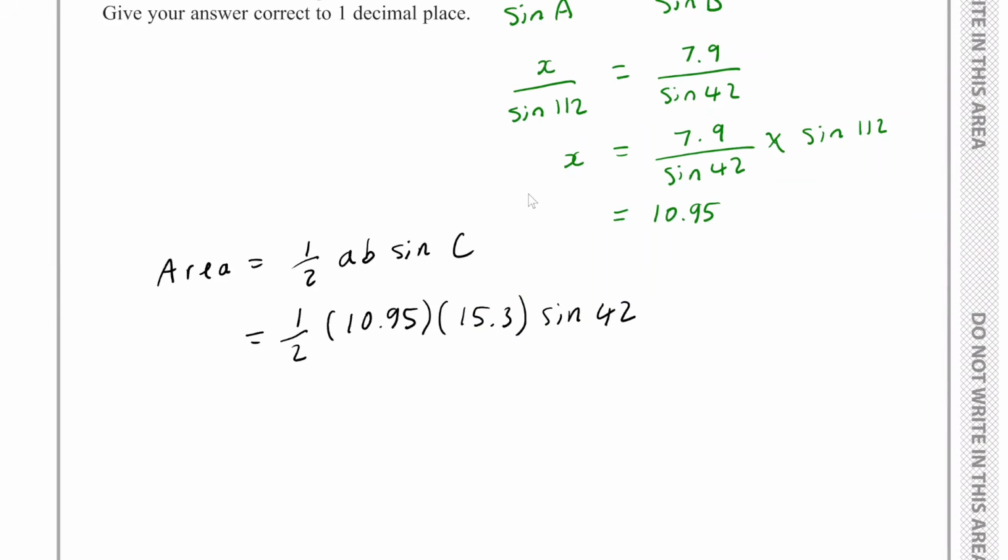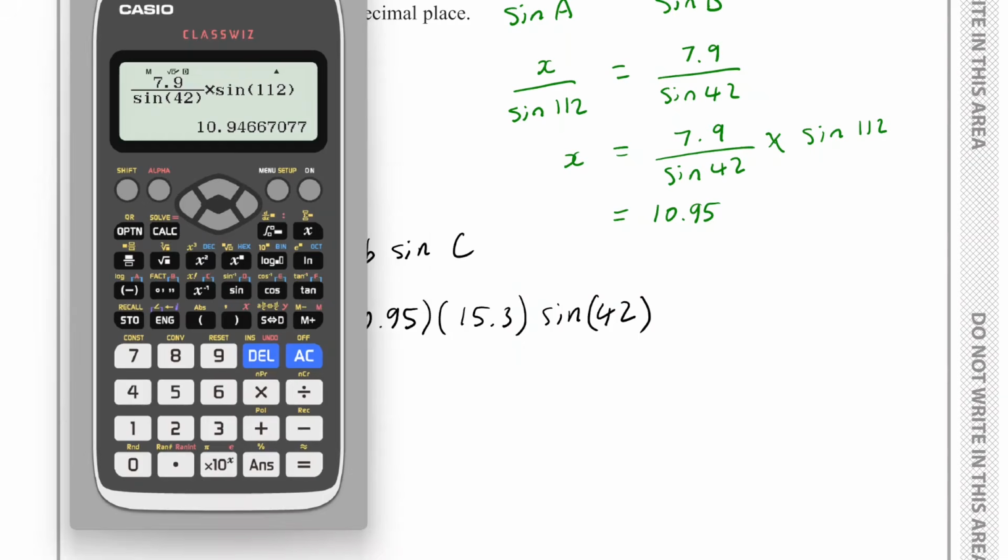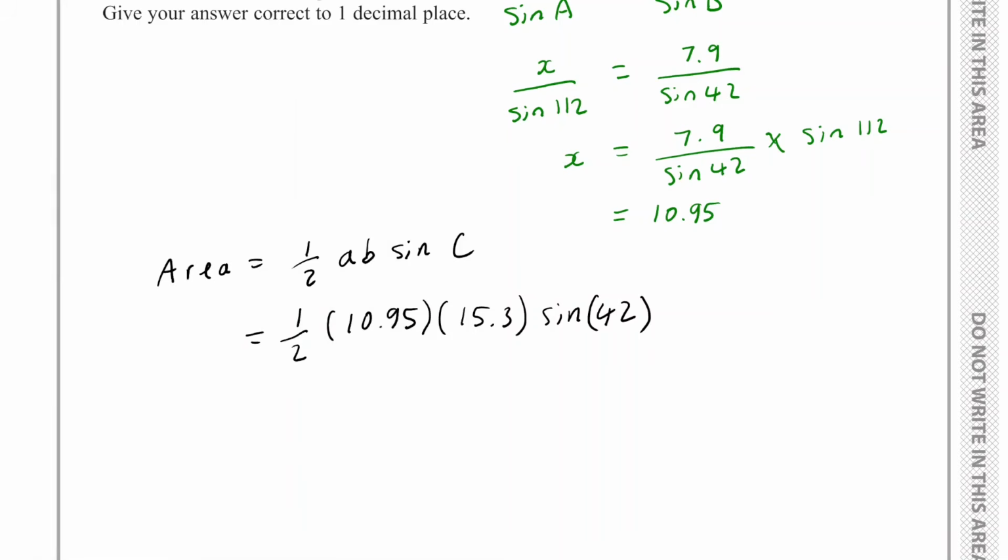And type it into the calculator, and we get our answer. So it's half times a, b, sine C. And we get 56.0 centimeters squared.